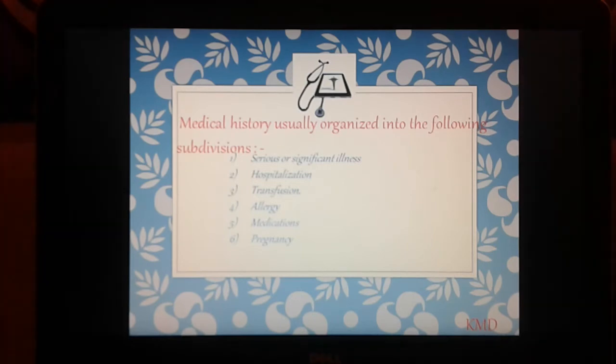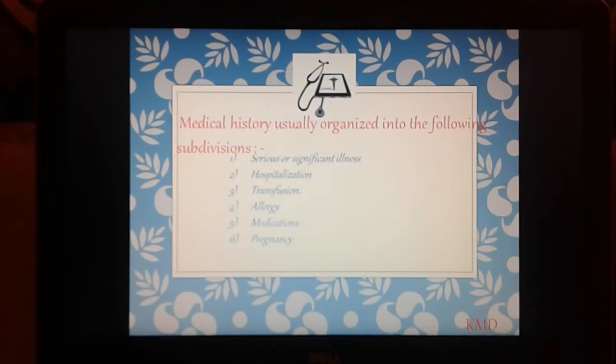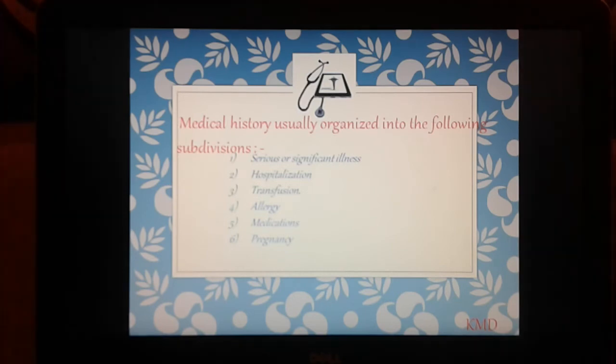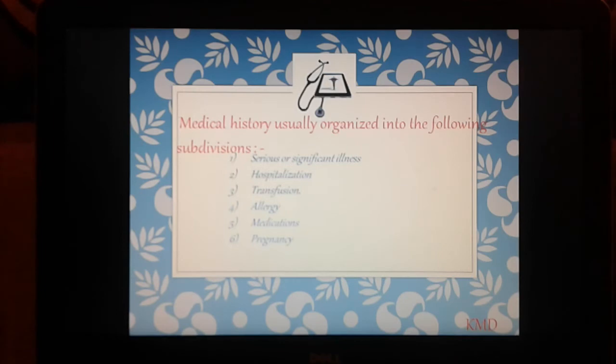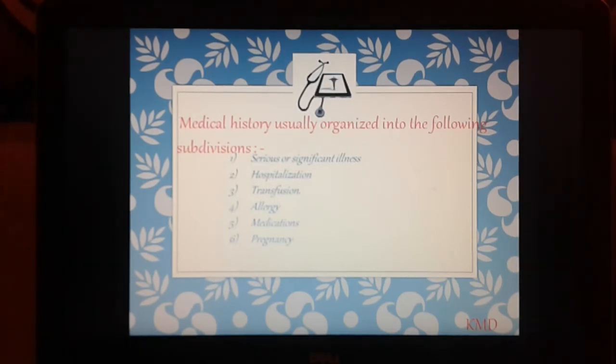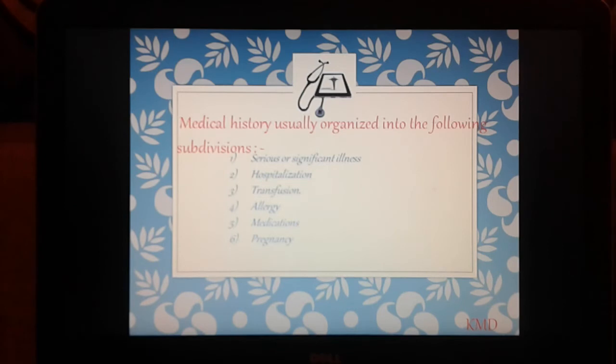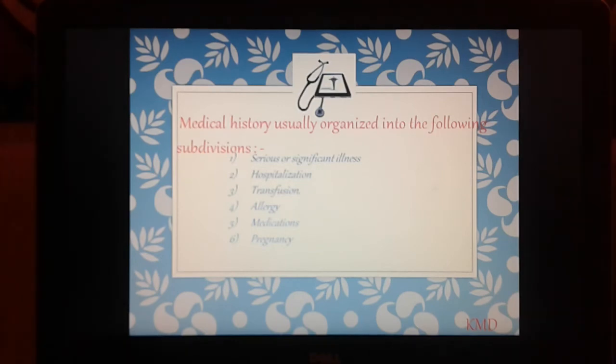The following subdivisions are, the first one being the seriousness or a significant illness. In the dental context, we need to ask about any history of heart, kidney, liver or lung disease, history of any infection, immunologic disorders, radiation or cancer chemotherapy, and also in case of psychiatric treatment.